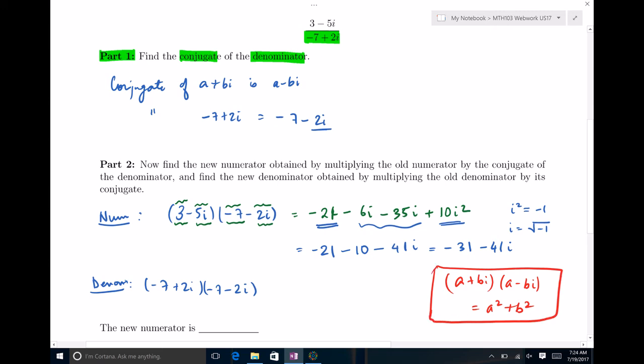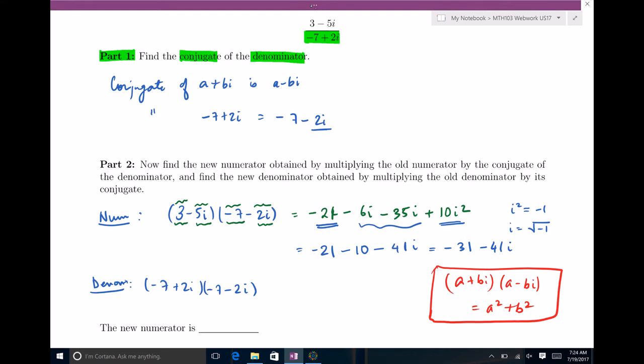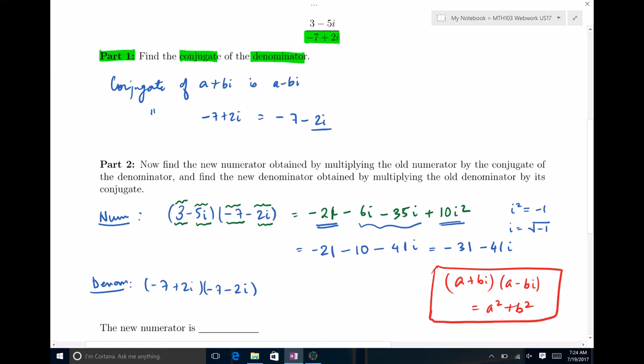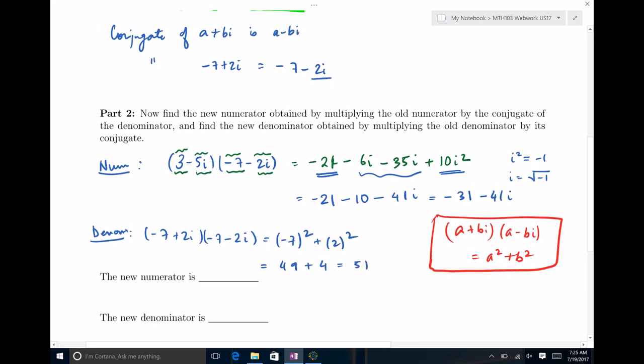Extremely useful. A complex number multiplied by its conjugate is the sum of the squares of its real part and imaginary part. So that tells me that this will equal negative 7 squared plus 2 squared, which is 49 plus 4, which is 53. What am I saying?